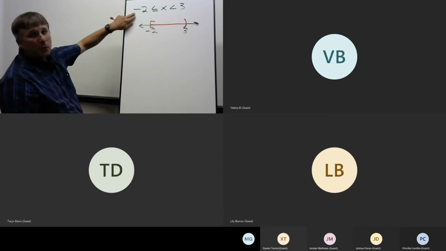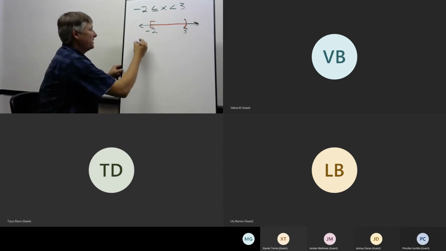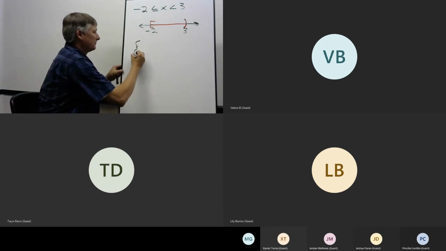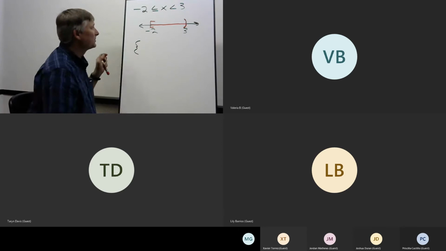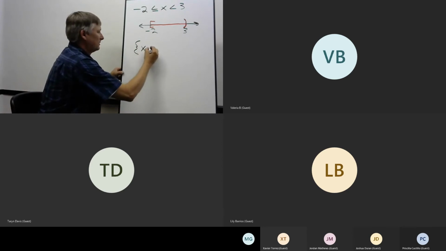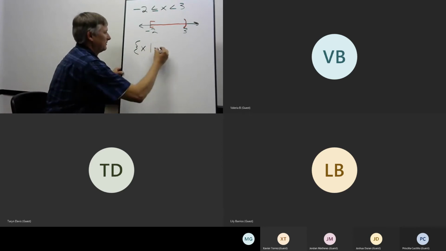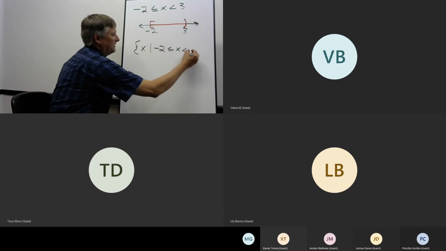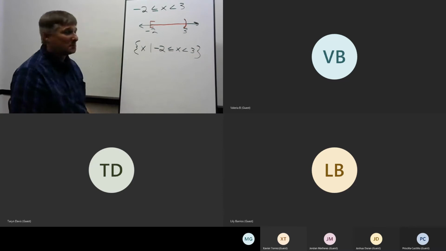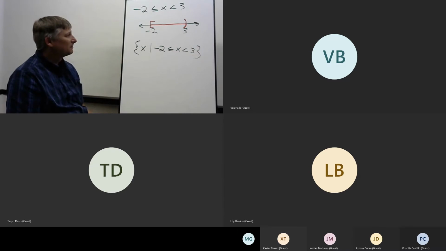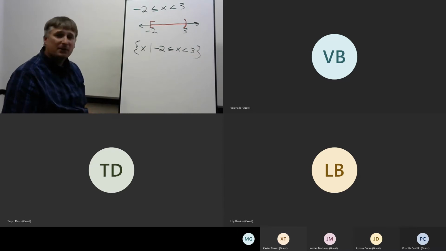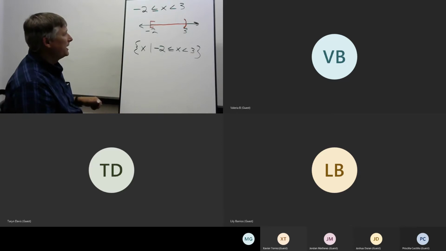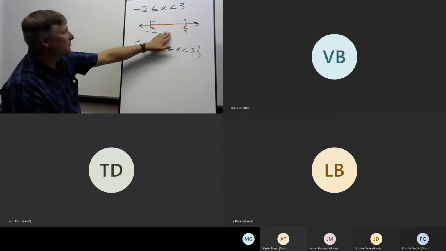Now, there's another way of writing this, and we can write it in set builder notation. So these are all numbers x such that x is between -2 and 3, and we get to include -2. We can write this as an interval, and we can look at the number line to see the interval.